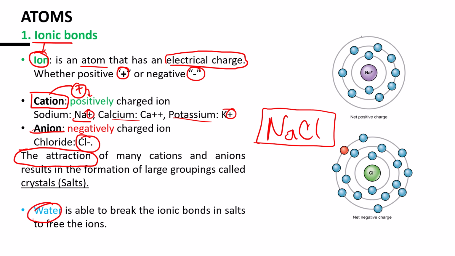Water, which is an important solvent, is able to break down ionic bonds. Just think what happens when you put table salt in a glass of water, right? The salt eventually will dissolve, and that is because the water is able to break down this bond and separate the sodium from the chloride here.